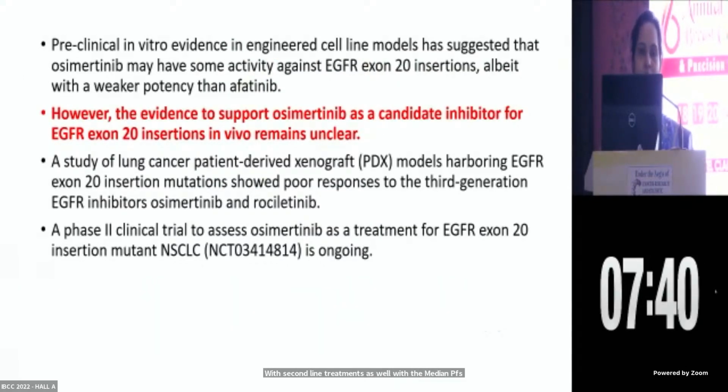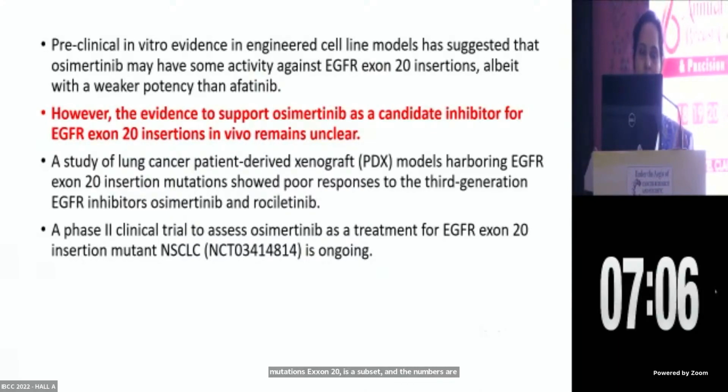There was preclinical in vitro evidence that there is some activity of osimertinib against EGFR exon 20 insertion, a bit with a weaker potency as compared to afatinib. However, the evidence to support osimertinib as an inhibitor for exon 20 insertion in vivo still remains unclear. In all these papers on uncommon mutations, exon 20 is a subset and the numbers are very small to comment upon.